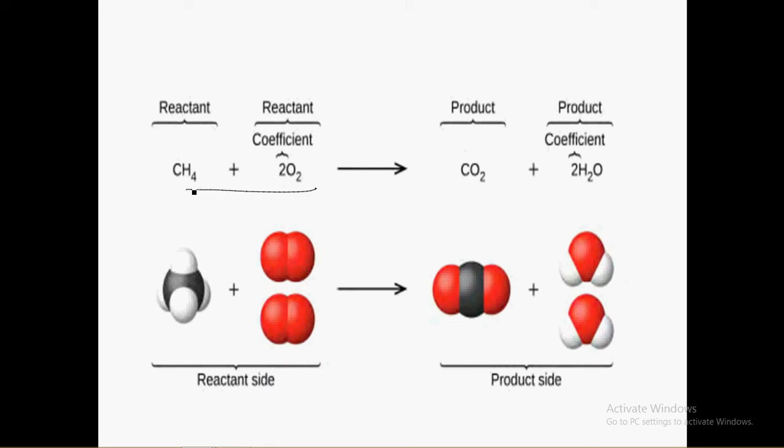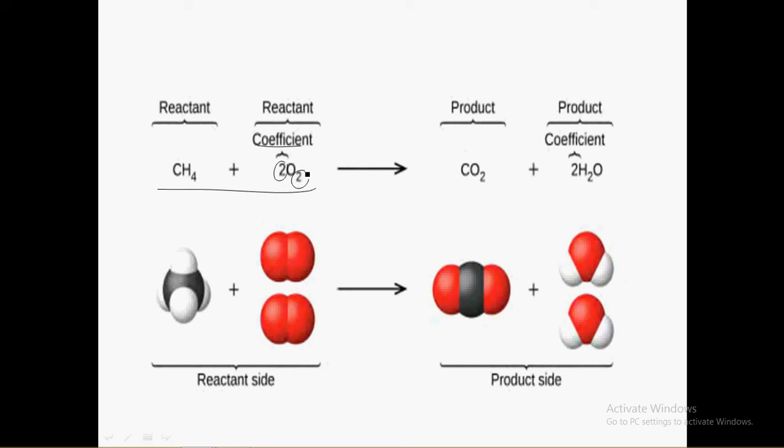Overall, these are the reactants: methane plus oxygen, a reactant plus another reactant, and then the products. So that 2 is a coefficient and it tells us the number of molecules. And these subscripts tell us the number of atoms, right?